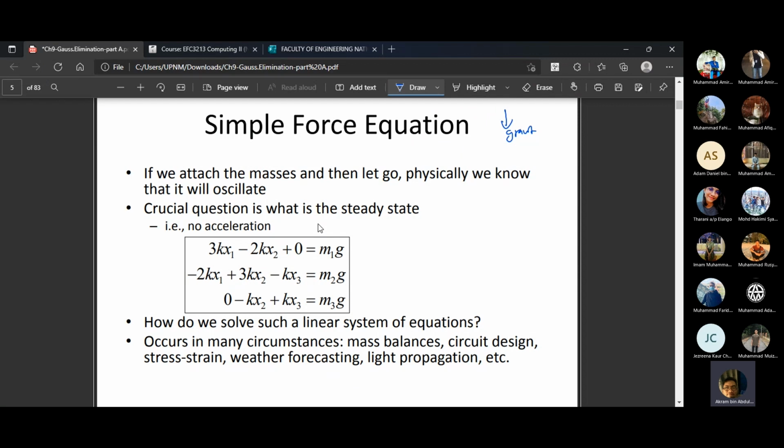So it will go down and then bounce back upward. We call this cycle an oscillation. It will go down, going up, going down, going up, and make an oscillation.